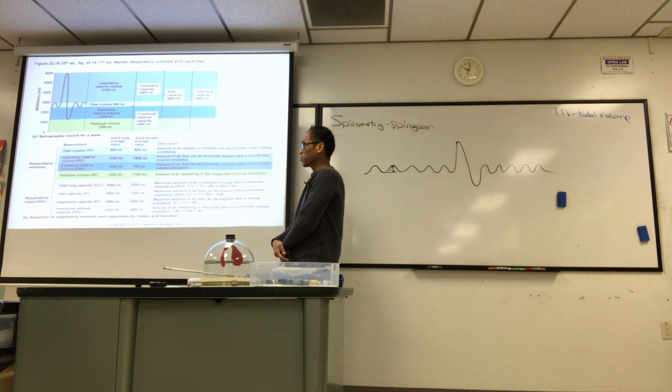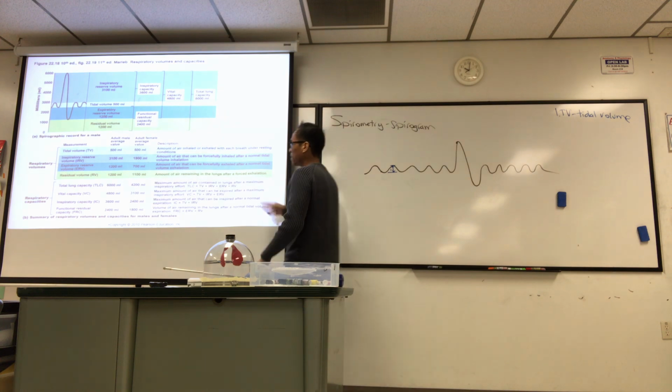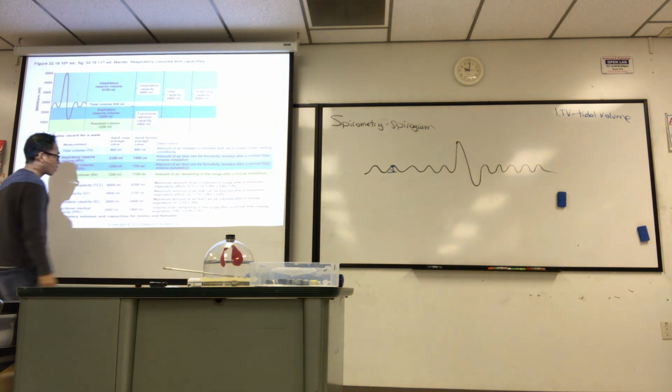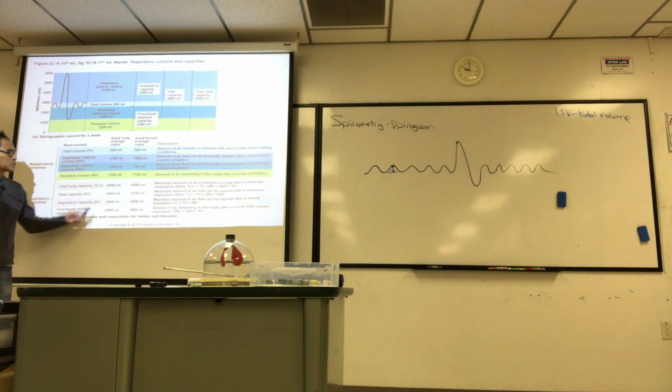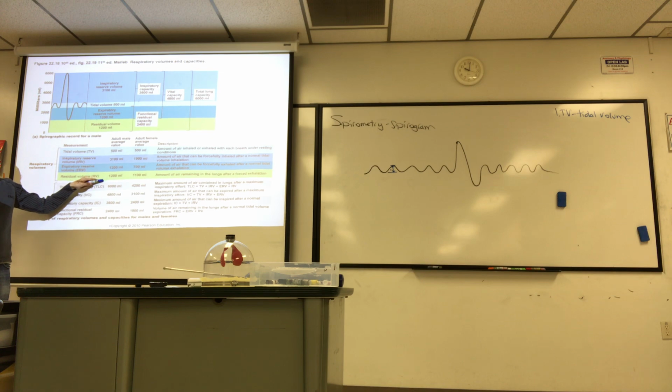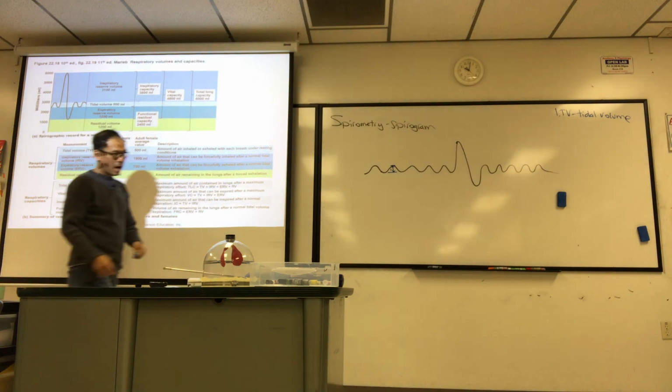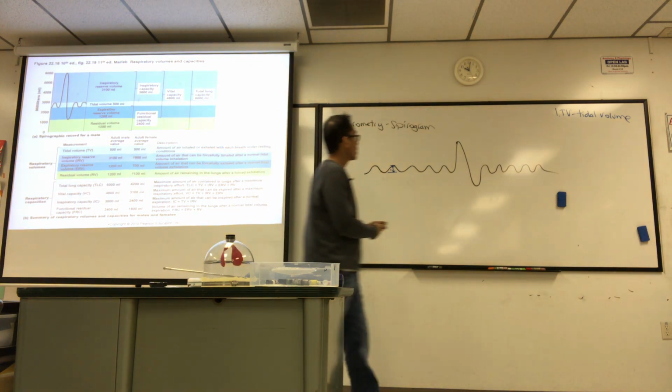Normal quiet breathing is what we call it. And they give you the textbook average for males and females. Males on average are larger in stature, so the numbers are a little bit higher. So on average.